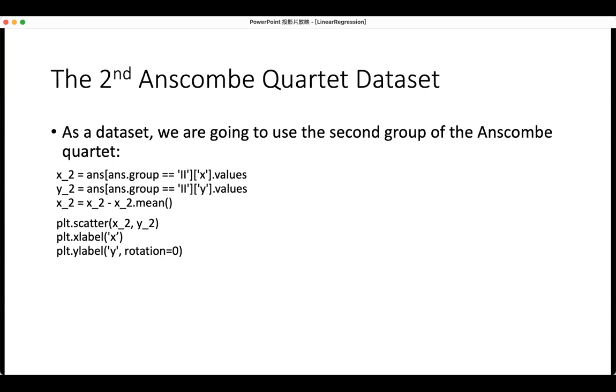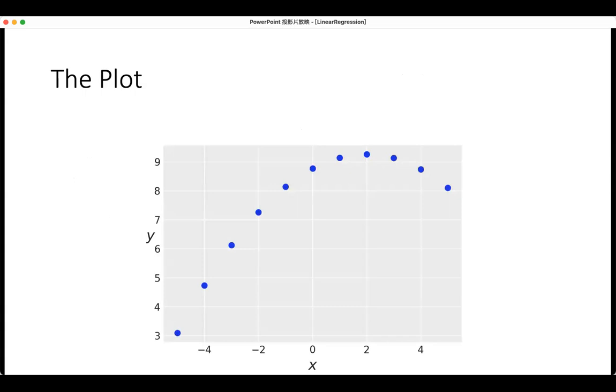So the second Anscombe's quartet data set, what does it look like? This little piece of code is able to depict the second data set for you. It looks like this.